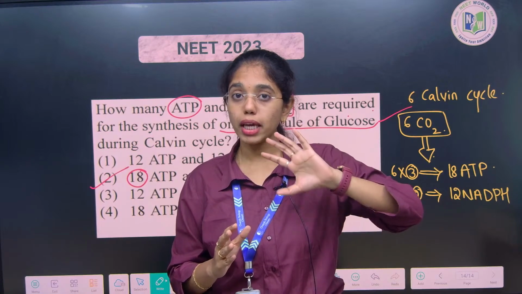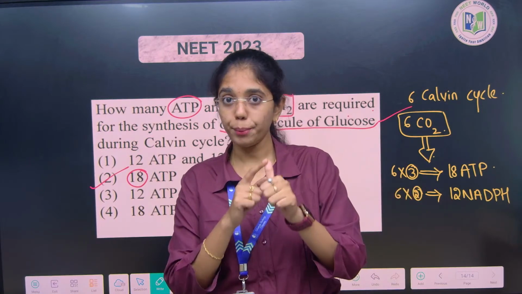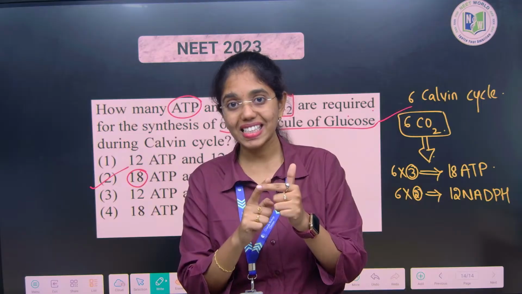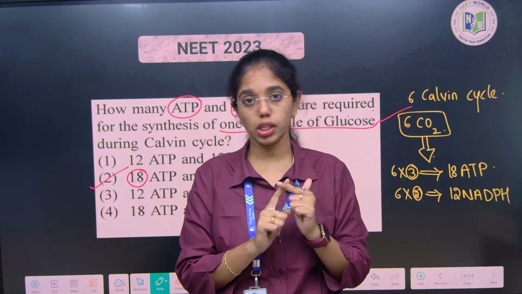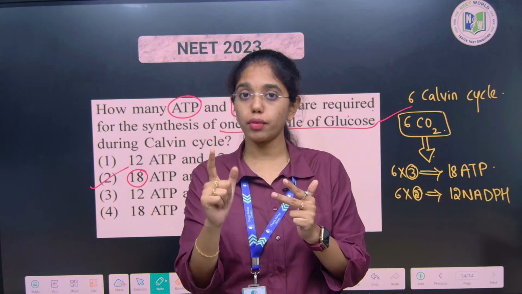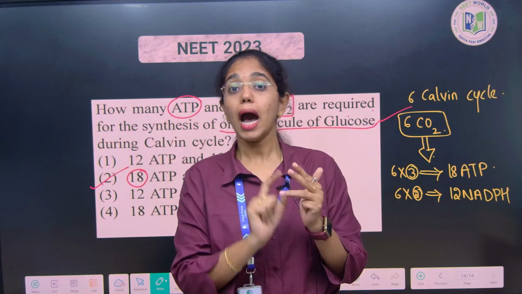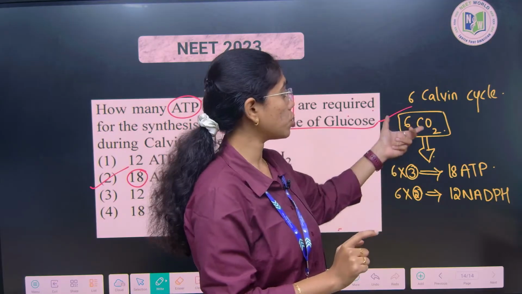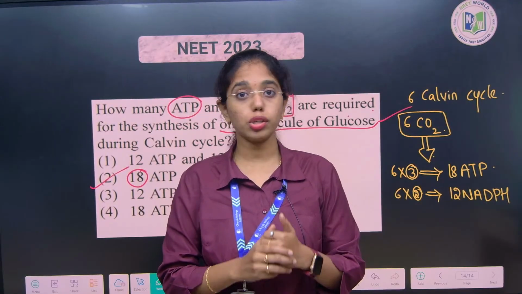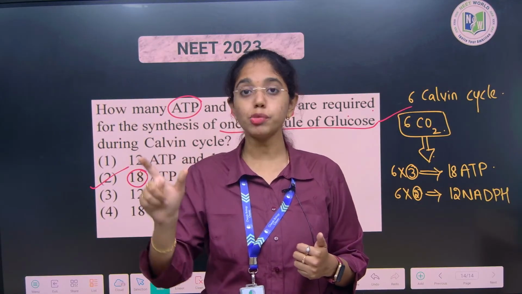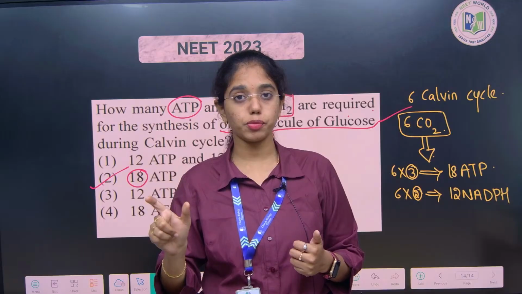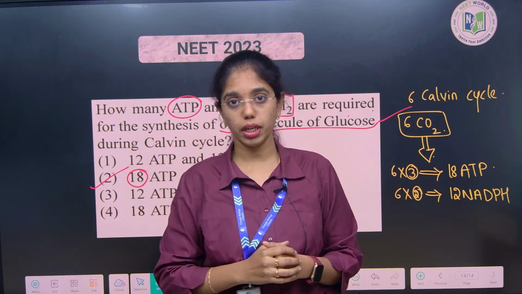You have to keenly focus on what is the primary acceptor, what is the enzyme that is required for carboxylation, how much energy is required to fix 1 carbon dioxide, how much energy is required for the formation of 1 glucose, because you will get questions from enzymes, from bioenergetics and substrates or organic intermediates.